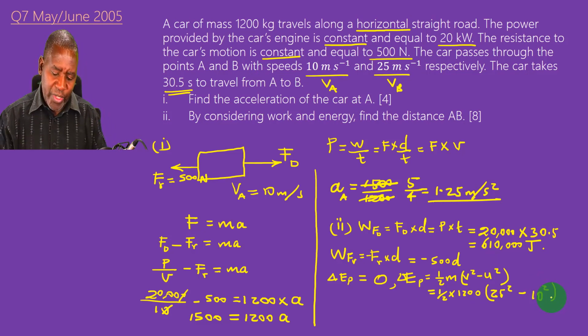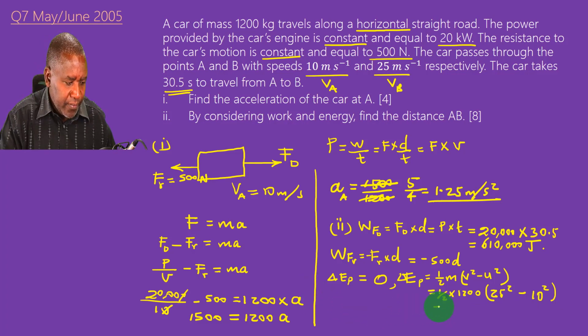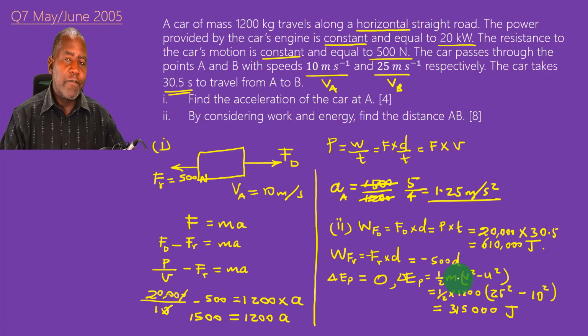So 25 squared is 625. 10 squared is 100. So 625 minus 100 gives me 525. I multiply it by a half of 1200, which is 600, and I get 315,000 joules. And I've got all the four components.